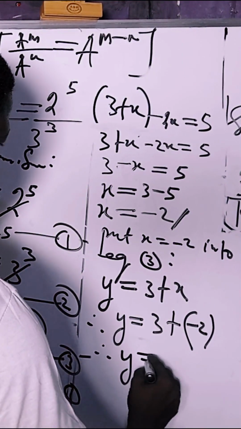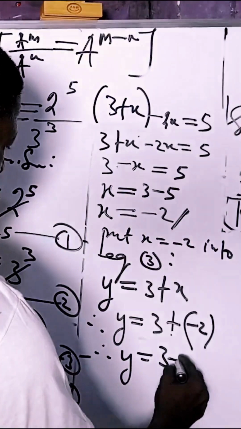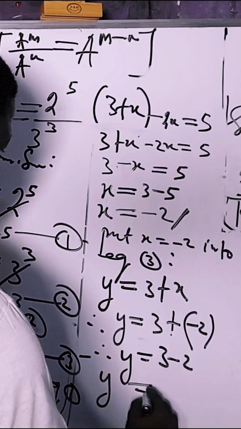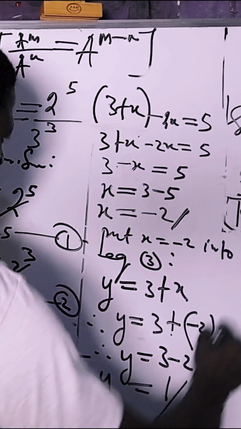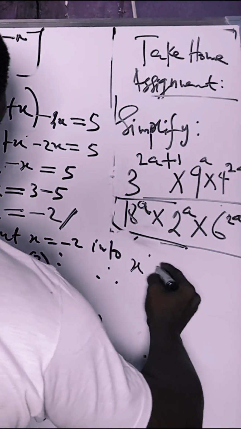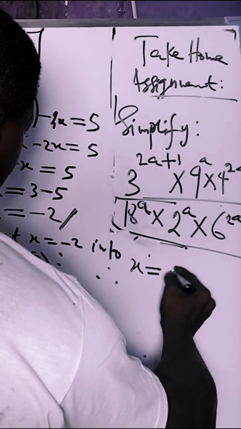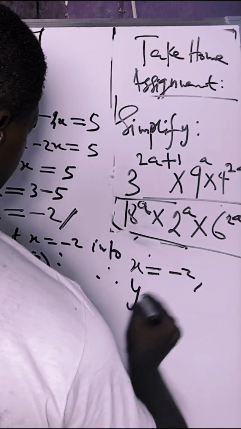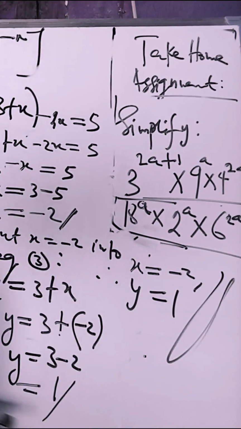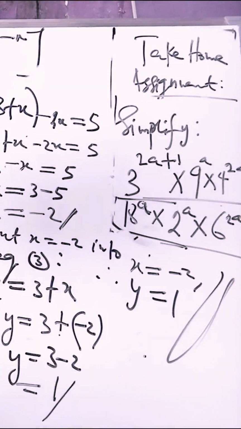Therefore, y is equal to 3 plus minus 2, which is 3 minus 2, which is 1. Therefore, the values of x and y are x equals minus 2 and y equals 1. So the answers are minus 2 and 1 respectively.